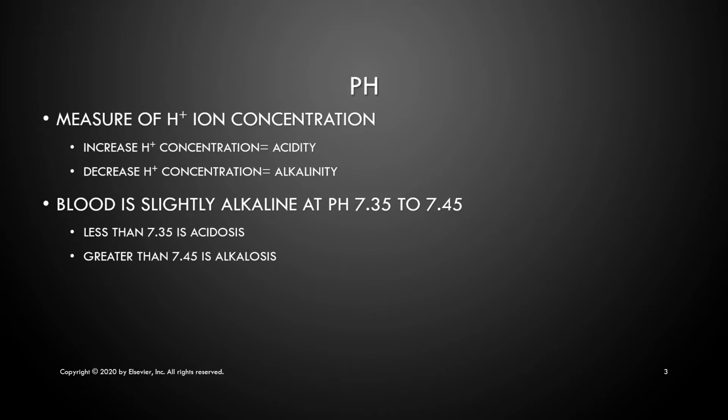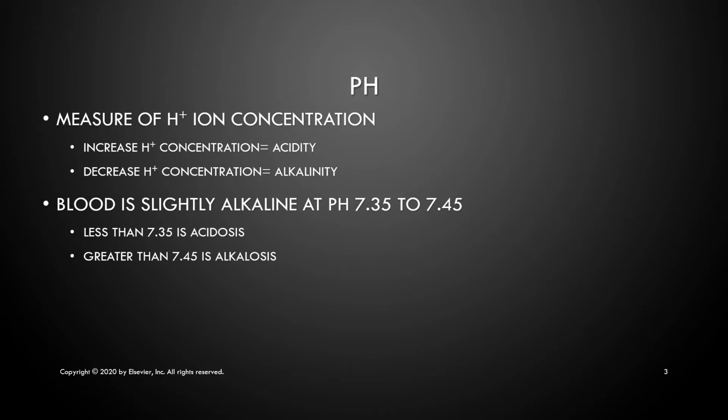The less hydrogen that is free and floating around, but is actually attached to other molecules, creating a base or an alkalotic state, the higher the pH is going to be. That higher pH indicates alkalosis.